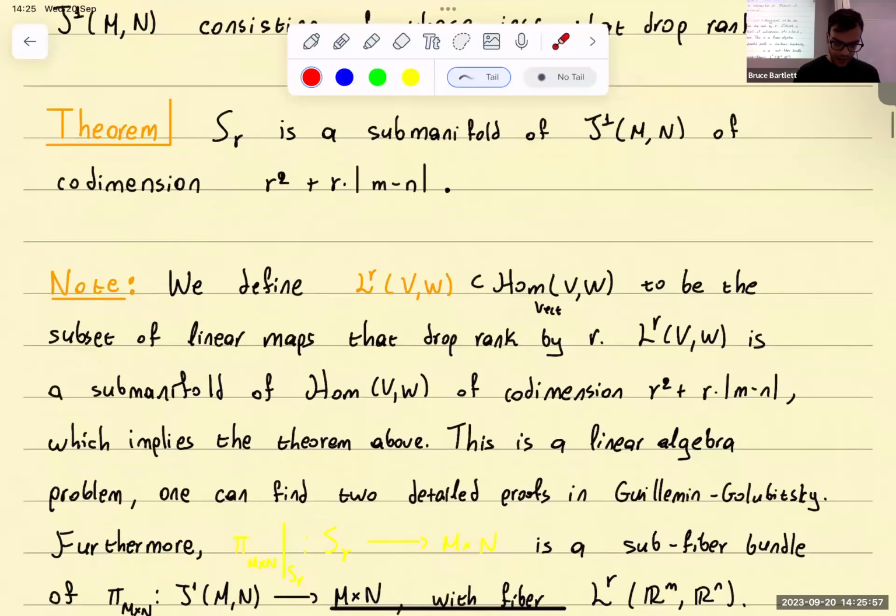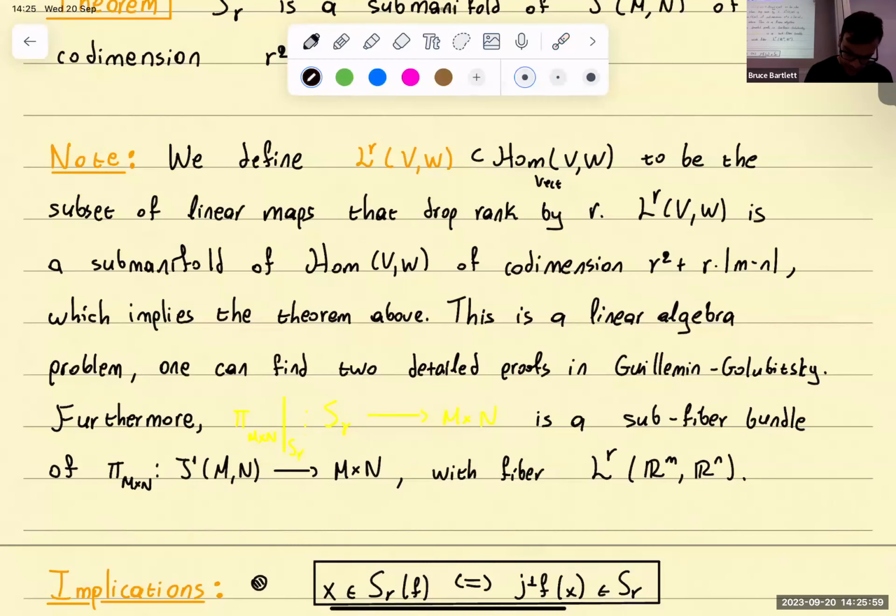And actually, it's a little bit stronger than that. We don't just know that they're submanifolds. We know that they form a subfiber bundle. So if I look at this projection to M cross N from the first jet space, and I restrict it to these S^R, that defines a map from S^R to M cross N. And this is a subfiber bundle.